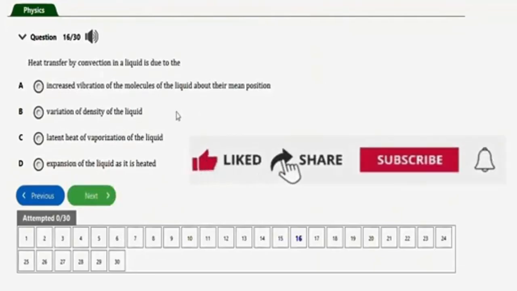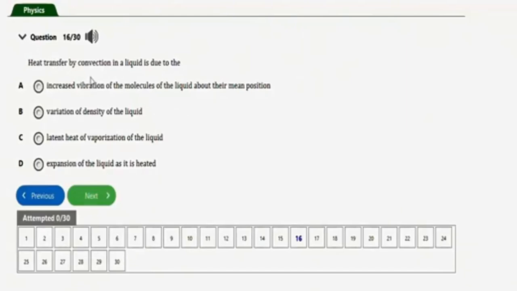So the question here says, heat transfer by convection in a liquid is due to, we have option A, increased vibration of the molecules of the liquid about their mean position, variation of density of the liquid, latent heat of vaporization of the liquid, expansion of the liquid as it is heated.